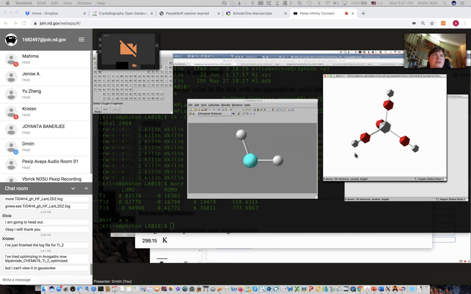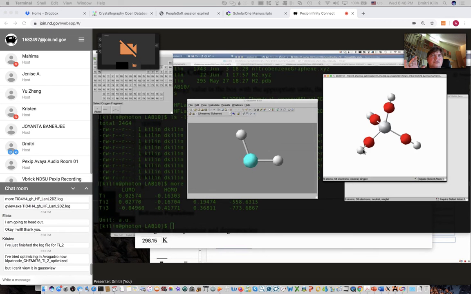This geometry is not ideal, and it may bring errors in the electronic structure because the angle between titanium, oxygen, and hydrogen is 190 degrees, and it should be the same as in water, because the oxygen has a lone electron pair.